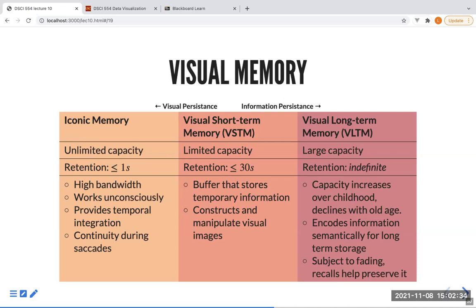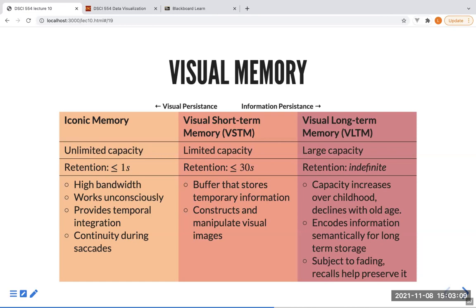And the interruption is due to the saccades because, again, we move our eyes so fast that it wouldn't make sense for the brain to process the information. So at some point, the brain is just getting no information, and then it gets a new image, and it uses the iconic memory to ensure continuity between objects seen in the first image and objects seen in the second image in between the interruption.